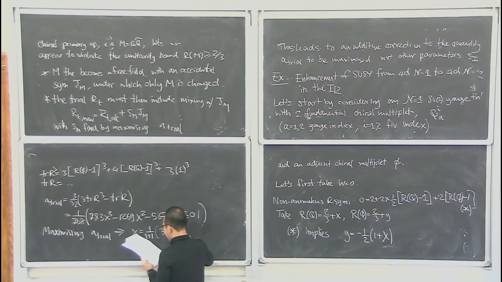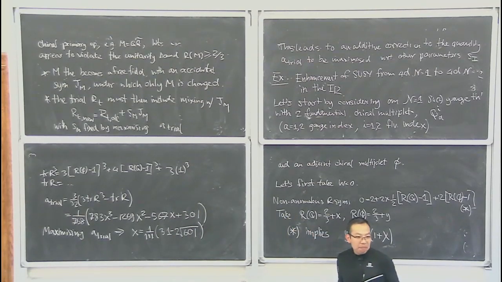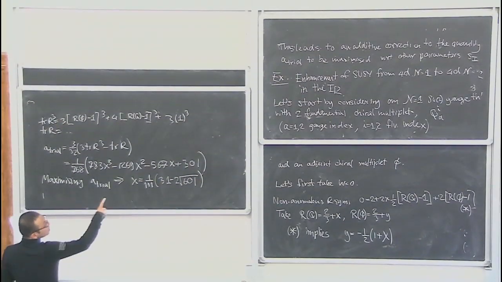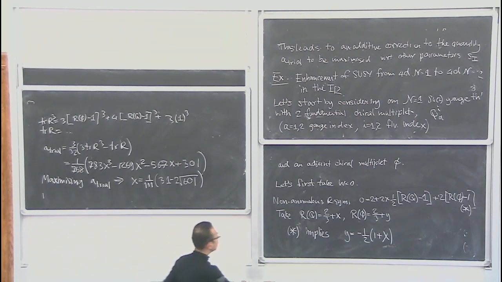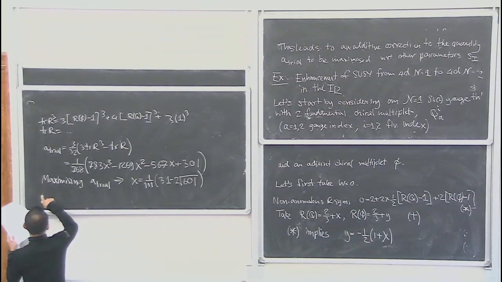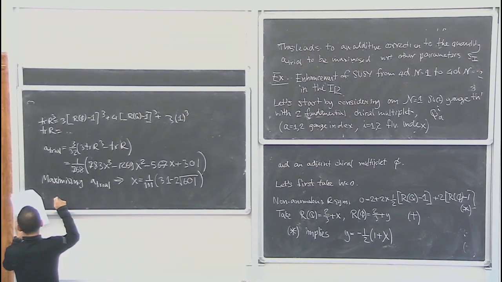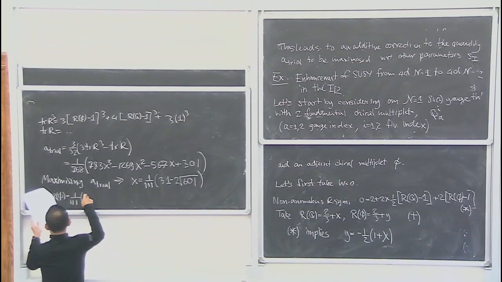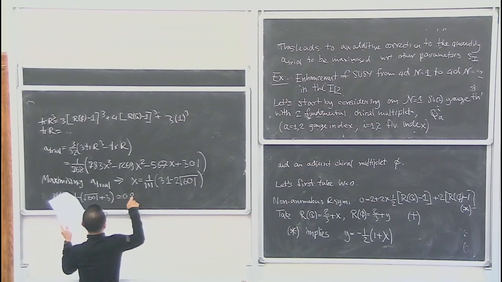As I told you, in general this is an algebraic number. I cannot help you. It looks really ugly, I agree. And this leads to R of phi. You can just plug it into this equation. Let's call it dagger. So you plug it in dagger, then you have R of phi equal to 111, 601 plus 3, which is approximately 0.25.